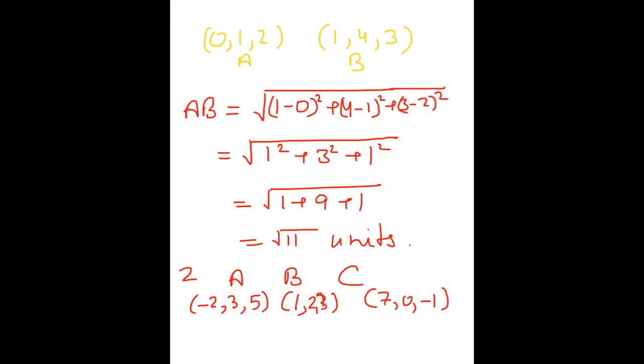To show collinear, what we are supposed to do? A, B, plus BC. Best way is, after calculating the distances between AB, BC and AC, we need to see the sum of two small distances must be equal to the big distance, because whether ABC lie on the same line or different, that I don't know.